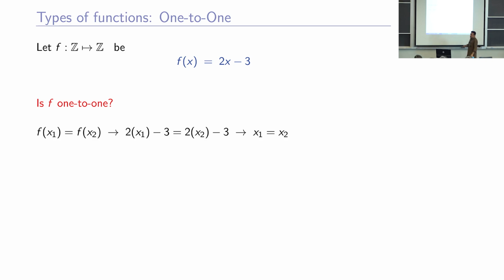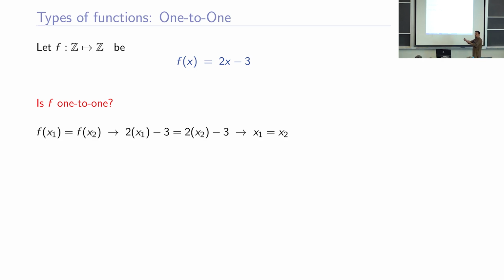But look at this thing. Suppose I have some numbers x1 and x2, not necessarily unequal, no condition there. Suppose f of x1 is equal to f of x2, right? Suppose the outputs on x1 and x2 are equal. That means twice x1 minus 3 is equal to twice x2 minus 3, right? That's the definition of f. I just substituted the value of f on the input x1. So, that means 2x1 minus 3 is equal to 2x2 minus 3. Now, the 3 appears on both sides, I can cancel it, I get 2x1 equals 2x2, right?